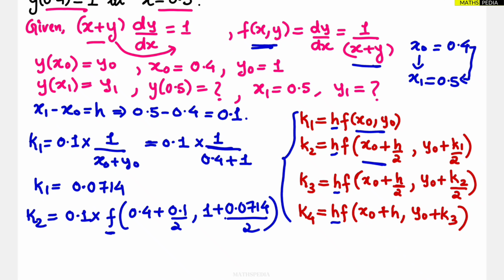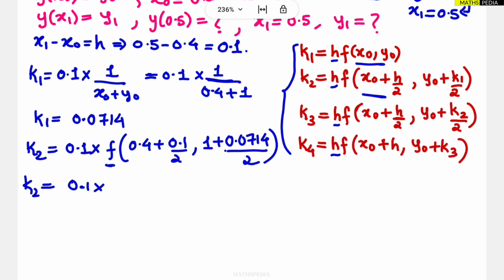Now this is the function. Okay, now I have to put it in the function. So 0.1 into function of, now it becomes 0.4 plus 0.1 by 2, it is 0.45, comma, this value is 1.0357.